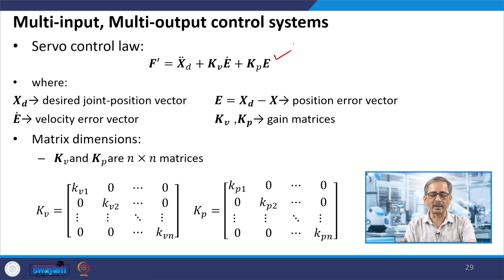This is our servo portion, the same one which we have seen, but here it is multi-dimensional. In this one, these are the gain matrices, the velocity error vector, the position error vector and the desired joint position vector, and your gains are in the form of a matrix like this.